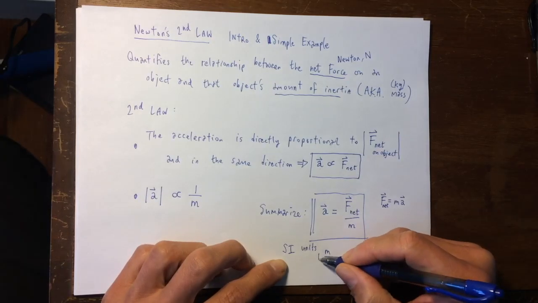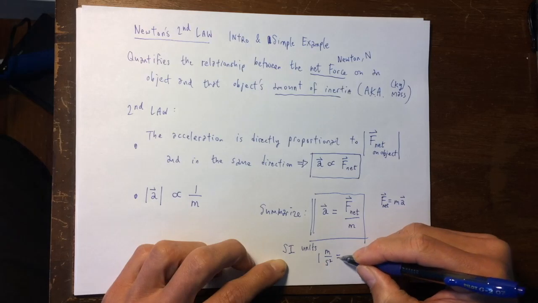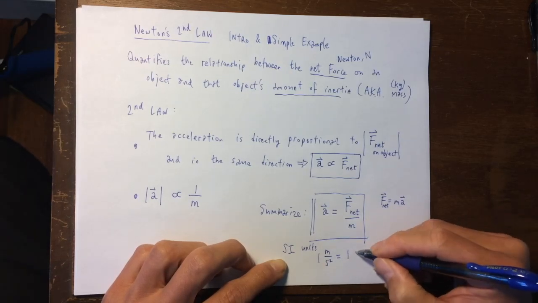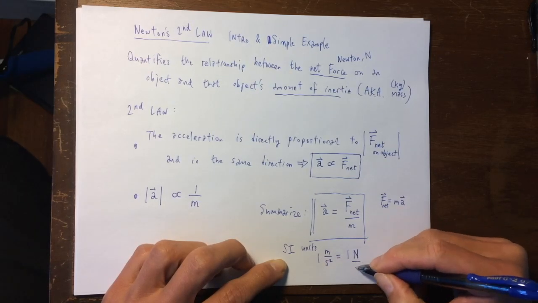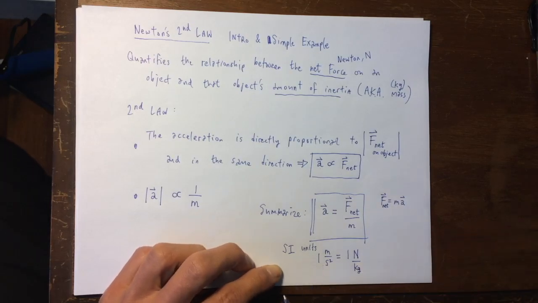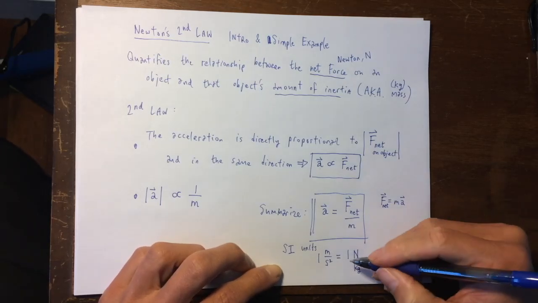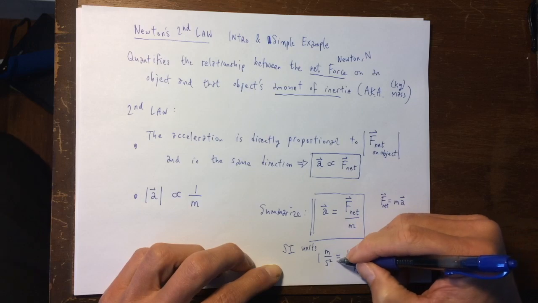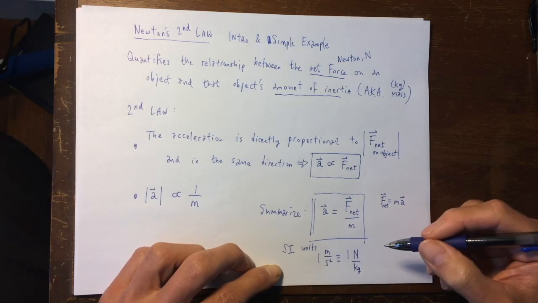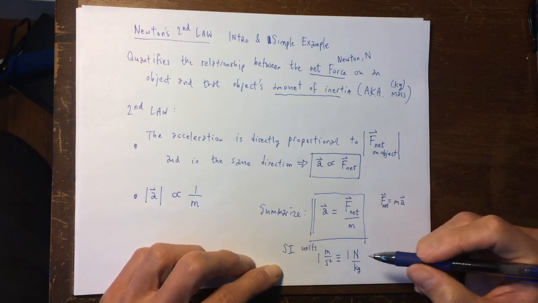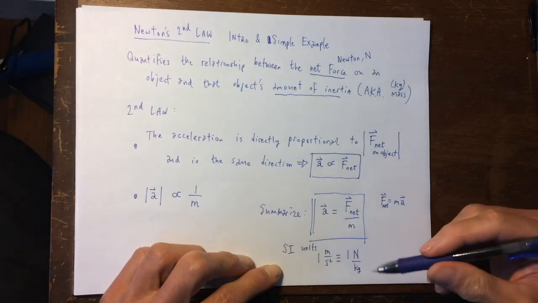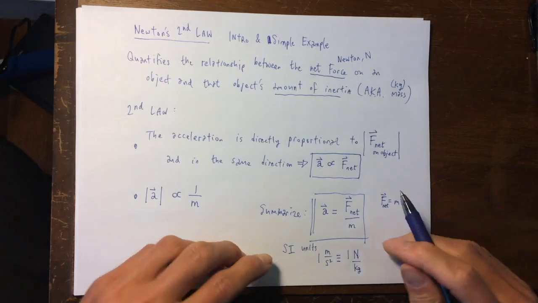So 1 meter per second squared in SI units is equal to 1 Newton divided by 1 kilogram. The SI unit system just has the factor of 1 in front of all of the units. So this is the relationship. You could say that this is the definition of the relationship between the Newton, the kilogram, and the meter per second squared. I'll say no more about that.